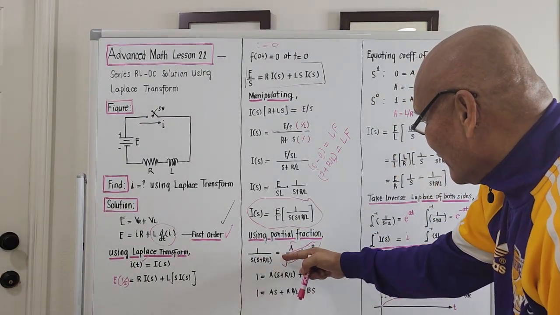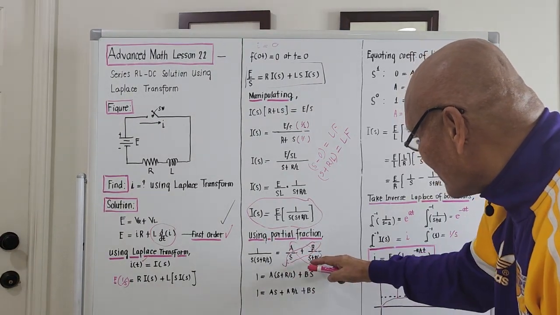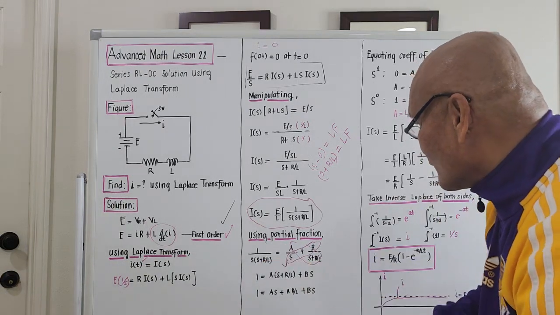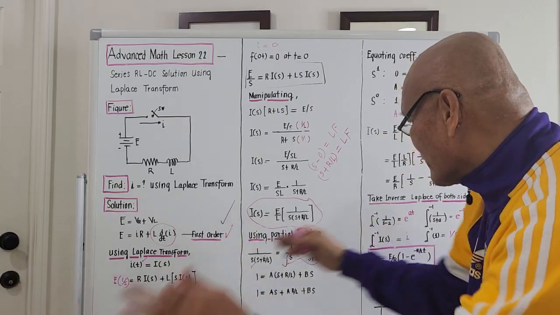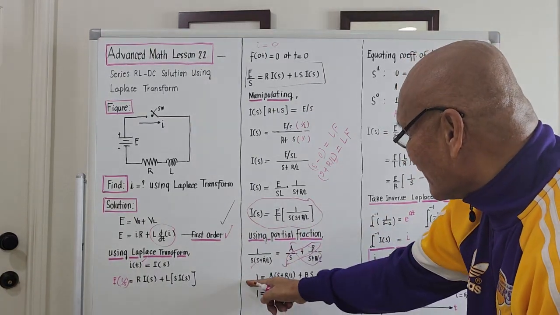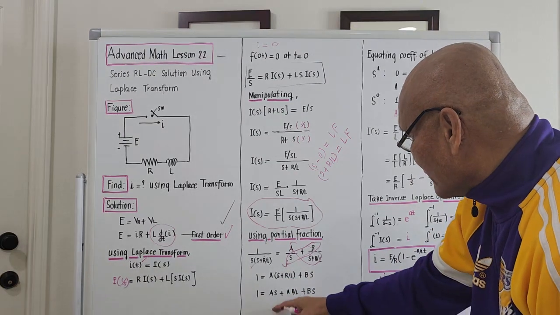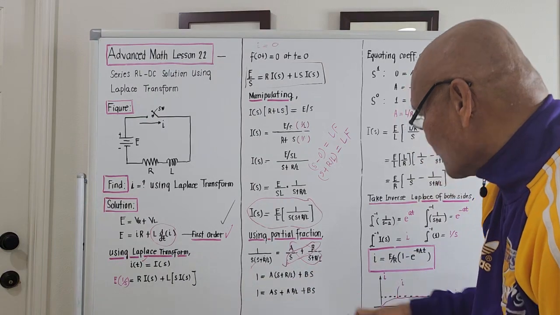BS. And the common denominator will be the product of S times the quantity S plus R over L, for both the left and right, so they will cancel out. So what will remain on the left will be 1 equal to, if we expand this, A times the ratio R over L plus BS.